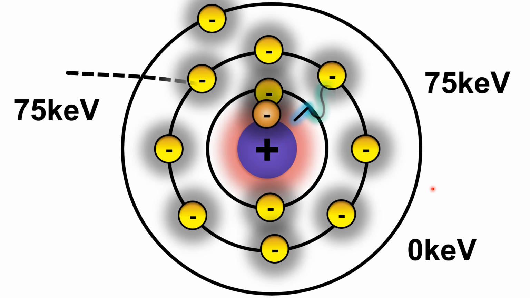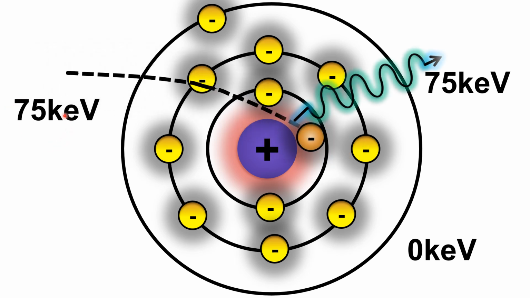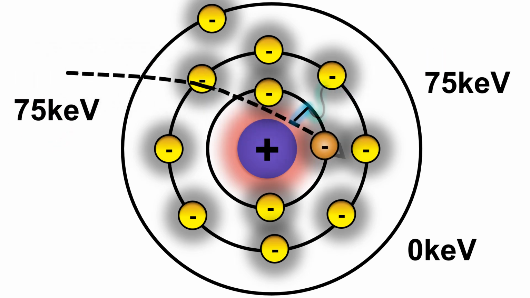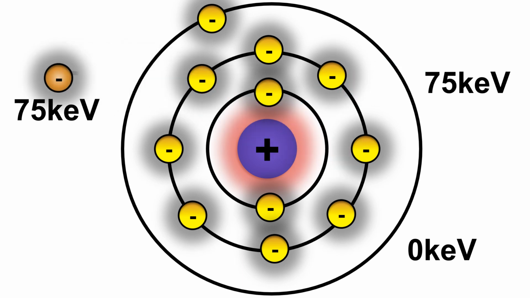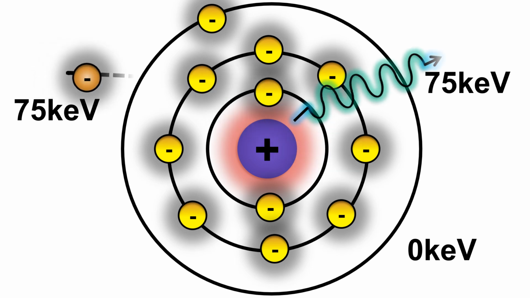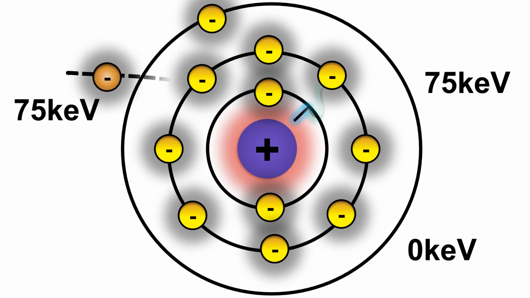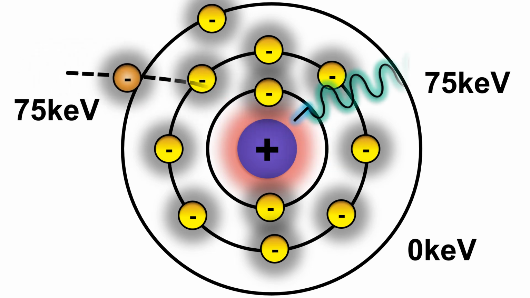So at the end of the day, we usually get slightly less energy than the initial amount. However, in the ideal case, the maximum energy possible in the form of continuous X-rays is the initial energy of the beam of electrons.